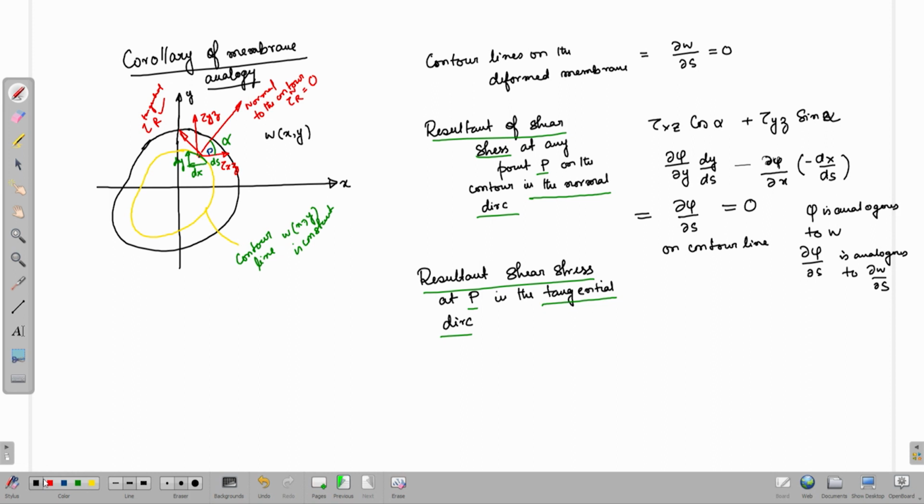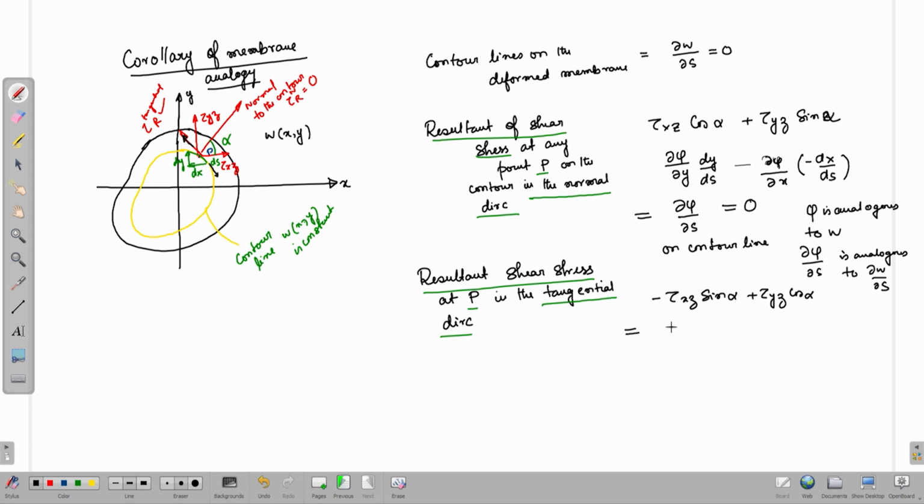So, let us write it down. That is going to be minus tau x z into sin alpha and plus tau y z into cos alpha. If we look at it geometrically, tau x z in this direction is going to be minus tau x z sin alpha, and tau y z in this direction is going to be tau y z cos alpha.